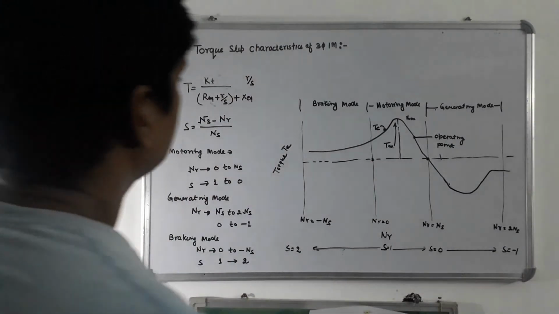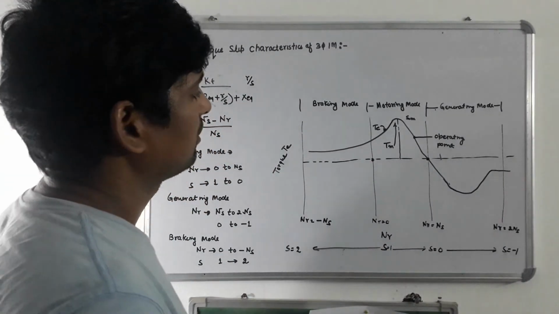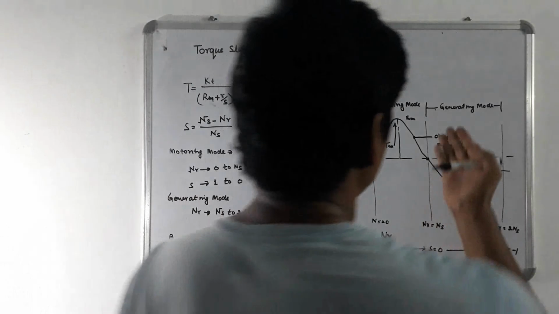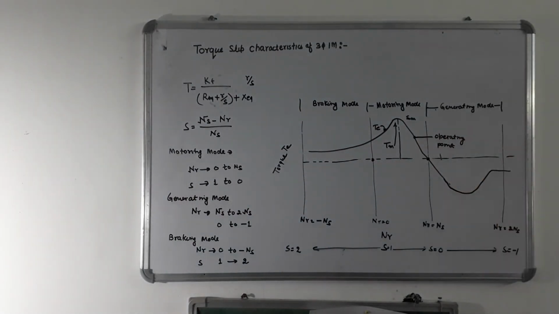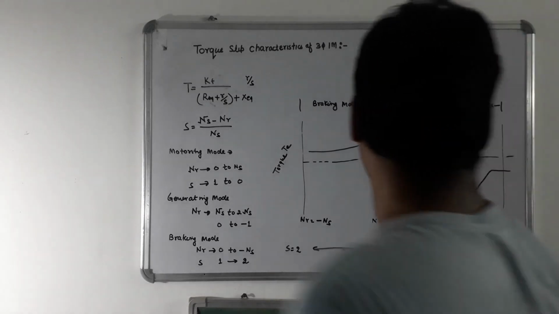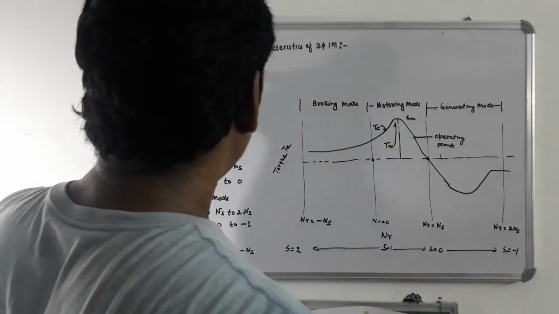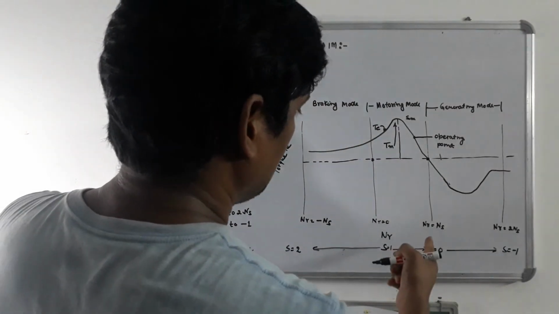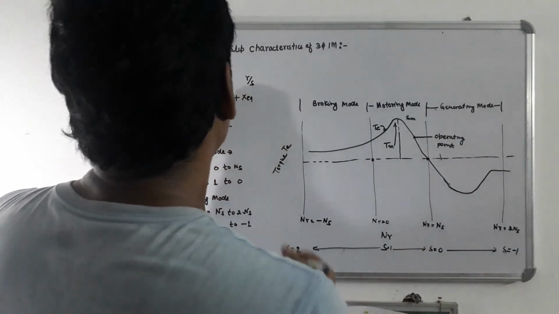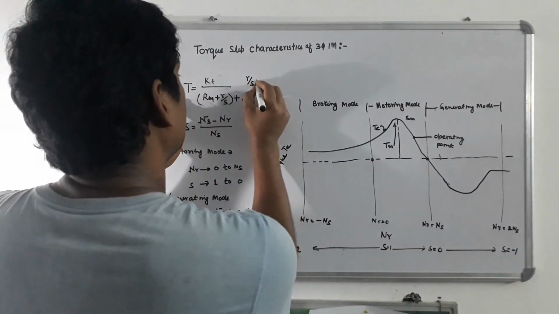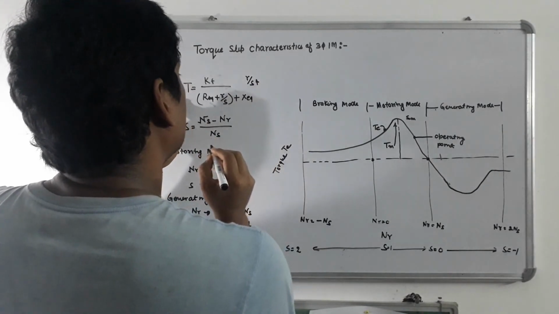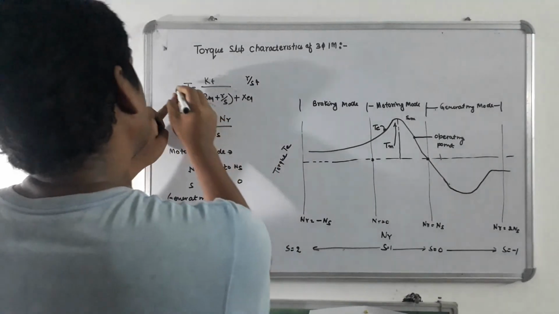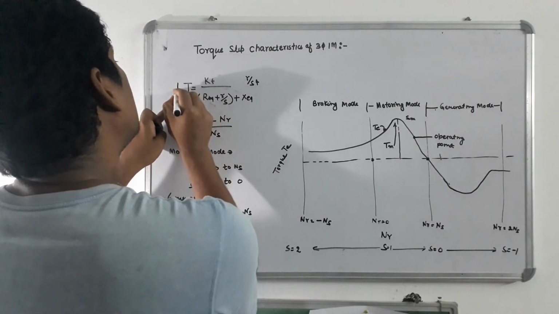This is the characteristics of the three-phase induction motor. Here, this region is the generating mode. I will explain through this equation: if slip is increasing, then torque is decreasing.